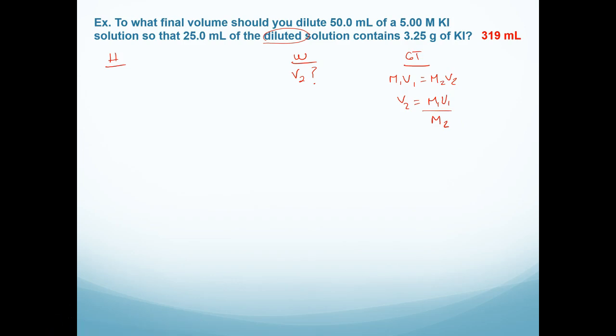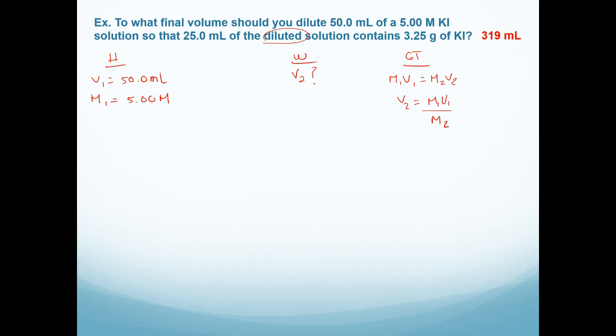So here are the parts that we do have. We do have V1, which is 50.0 milliliters. We also have M1. We're given the initial concentration is 5.00 molar.